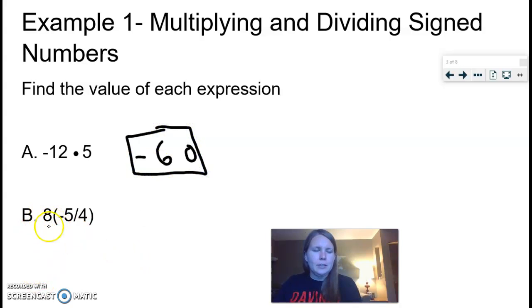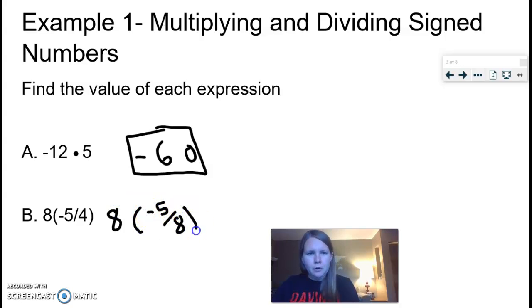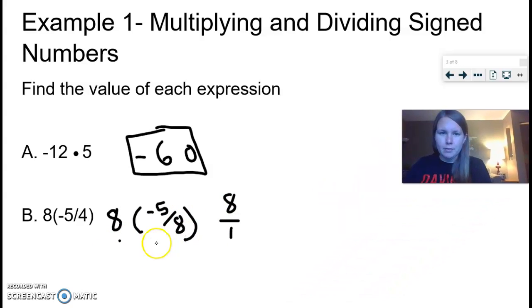All right, the next one. Remember, this is another way you can show your multiplication. I'm going to write it out so it's a little easier to see. It's like I have 8 times negative 5/8. This is a lot like saying 8 over 1, because every number can be divided by 1, times negative 5/8.